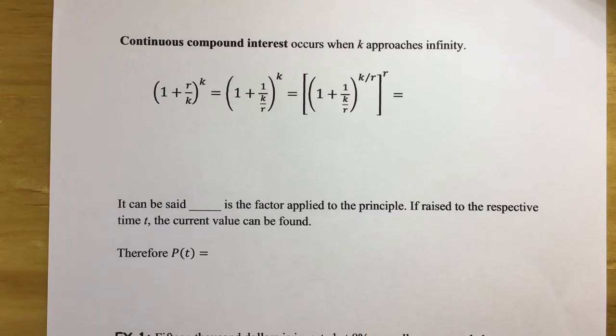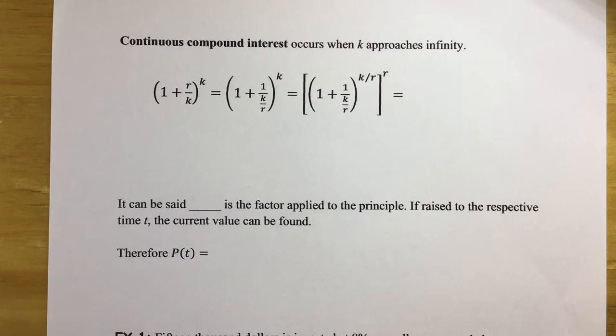The setup for this is something called continuous compound interest. When we looked at compound interest in the other activity, there was a discussion about wanting to be able to compound the interest as many times as we can in a year because you're able to go to the bank as many times as you want, right?